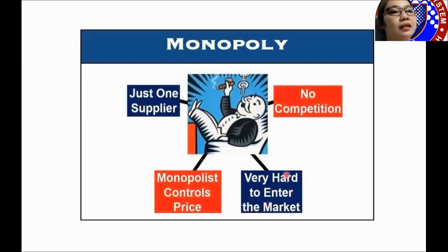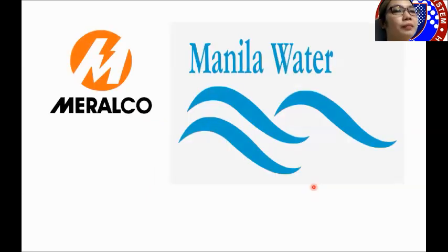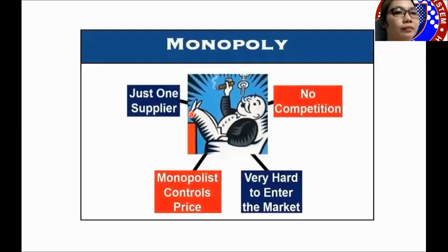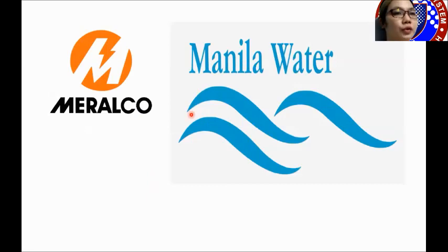It may need high capital, that's why there are limited investors to enter that kind of business. An example here is Meralco in Manila, which provides electricity, or Manila Water. So these are examples of the monopoly type of market structure. They don't have competitors in this kind of market structure.